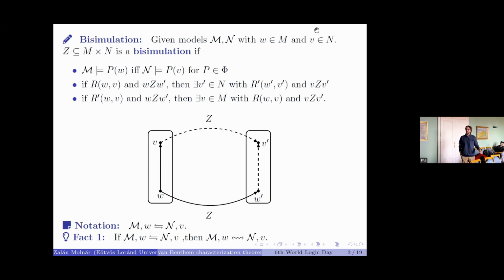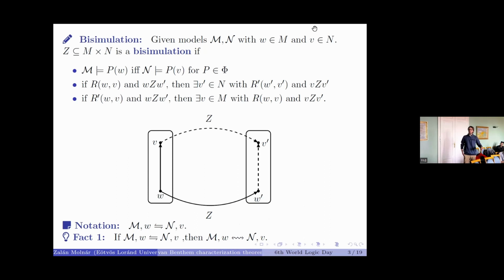And as a matter of fact, let me emphasize that whenever we find a bisimulation between two models and the corresponding elements, then by this notation I will denote the fact that the structures satisfy the same modal formulas when you substitute w in place of the free variable x, or v in place of the free variable x, because as I mentioned, modal formulas are nothing but some type of first order formulas having exactly one free variable.